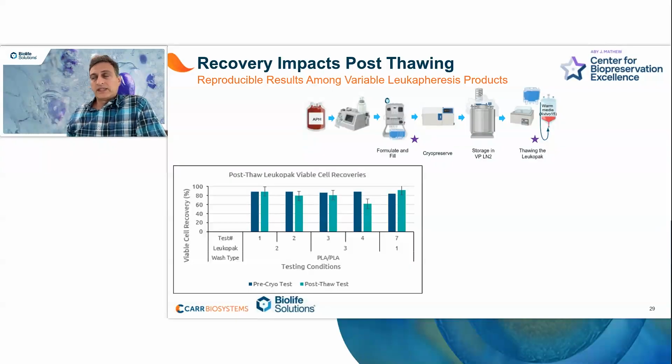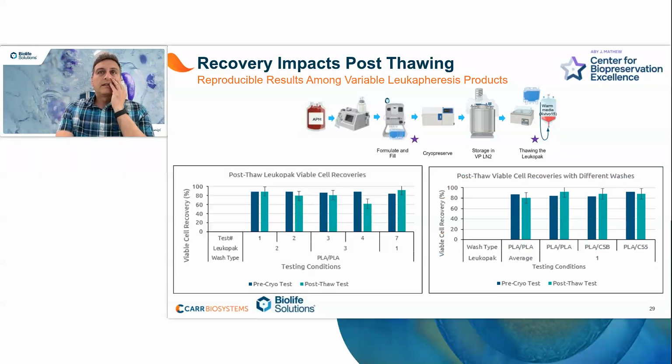We believe that was an issue with the thawing device that might have caused an impact on the recovery of the cells post-thaw. And so we are investigating that one further, and we're having additional data from other donors that are coming to add to this.